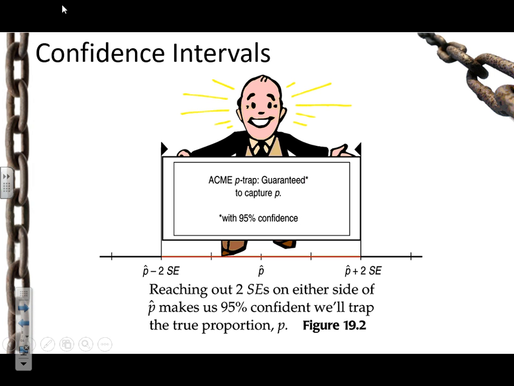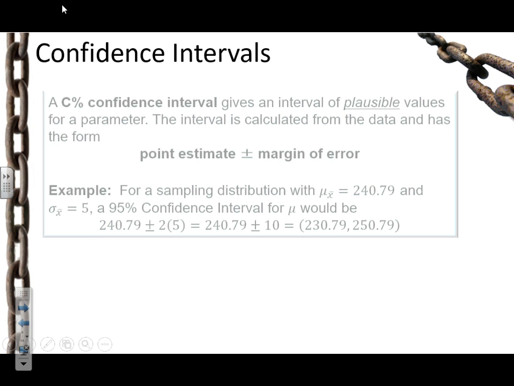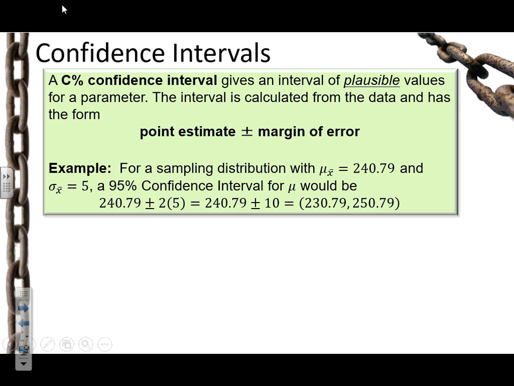Okay? So when we're creating these intervals, we're not actually able to calculate where the value truly is. We're only able to say that it should be somewhere within our range of values here. We're trying to center in on the overall. Okay? So, when you look at a confidence interval, some important aspects are how it's created, and we're going to go a lot more in depth into this over the next couple of days.